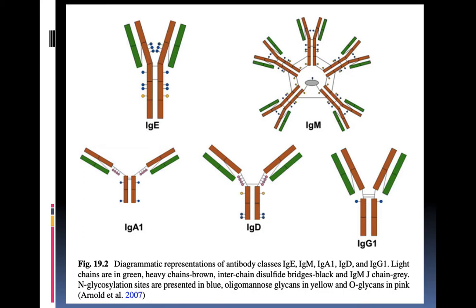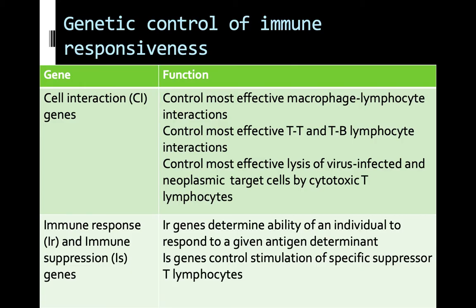Then we also have our immune cells and non-immune cells. In essence, we have genes responsible for the interaction between these humoral and cellular components: cell interaction genes and immune response and immune suppression genes. This is a generic categorization.